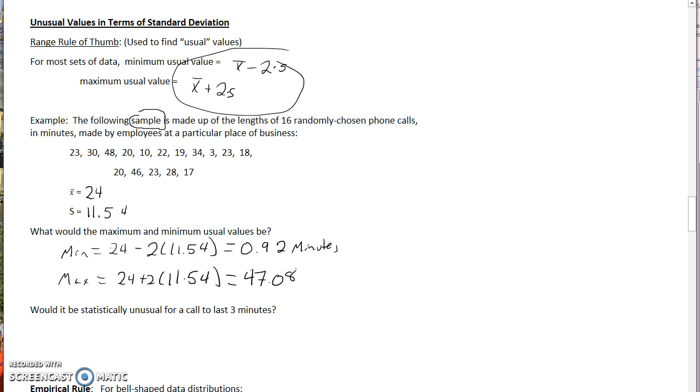All right, so it says, would it be statistically unusual for a call to last 3 minutes? Well, let's take a look over here. I like to look at this on a number line. So we said the smallest value is 0.92, and the largest value is 47.08. And so where would 3 be on this number line? 3 would probably be somewhere down here, right?